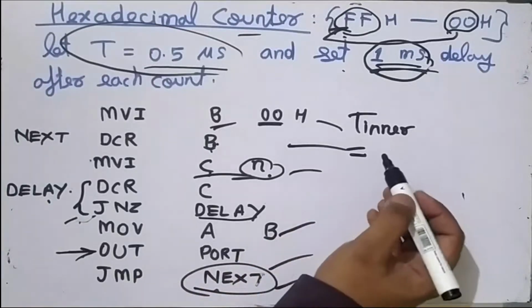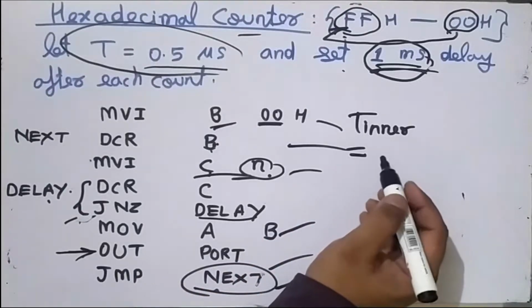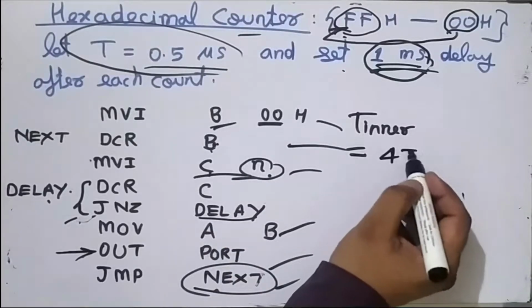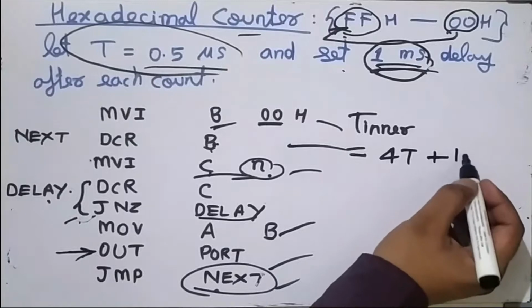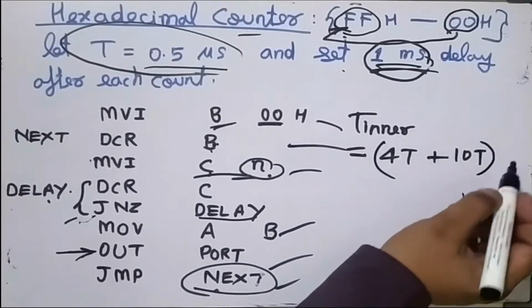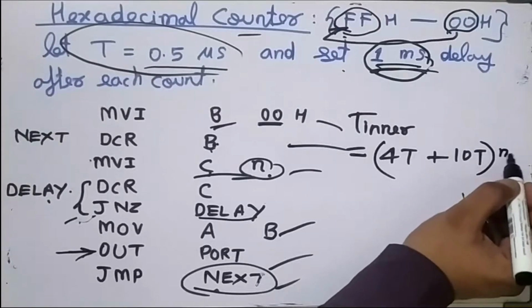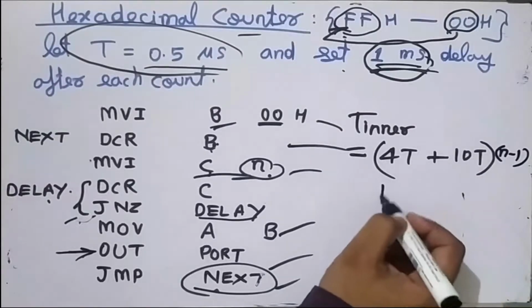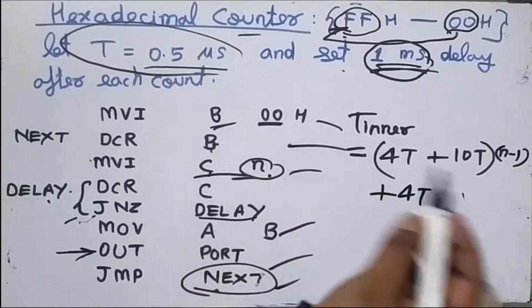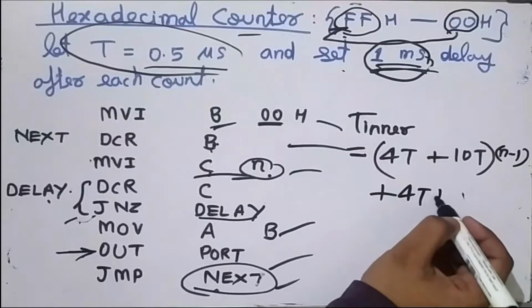Now let us calculate T inner loop. DCR C will consume 4T and JNZ will consume 10T in a closed loop. This loop will continue for n-1 times, and in the last pass of this inner loop, 4T by DCR C and JNZ will consume 7T.